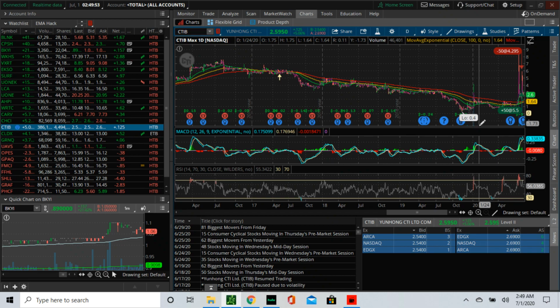Now, some people will probably use the SMA, which is more of a simple moving average. But the reason I don't really use that one is that it considers more of a smaller scale, not the long-term chart.